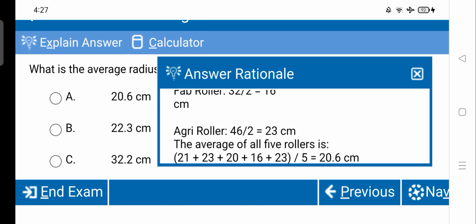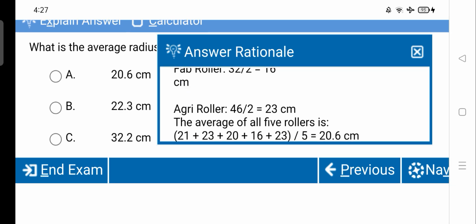Agri roller: 46 by 2 equals 23 centimeters. The average of all 5 rollers is (21 plus 23 plus 20 plus 16 plus 23) by 5 equals 20.6 centimeters.